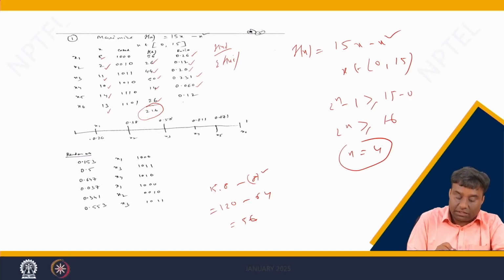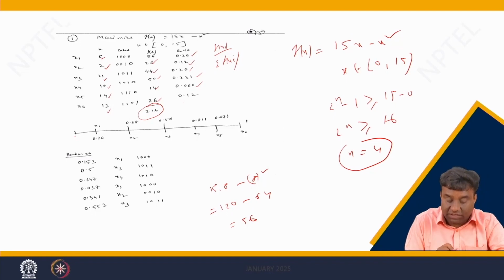So find the cumulative frequency. So first is 0 to 0.26. So that is for x1. Now 0.26 to 0.38. This is the summation, add these two. So it is 0.38 for x2.